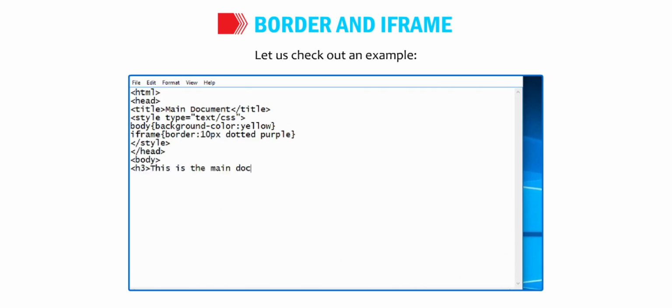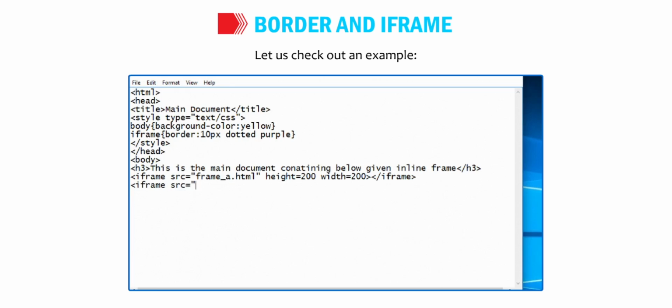H3: this is the main document containing below given inline frames. /H3. iframe src equals "frame_a.html" close. Height equals 200. Width equals 200. /iframe.